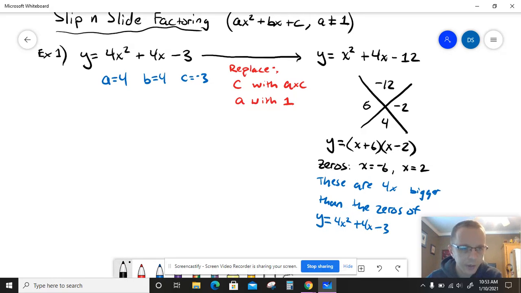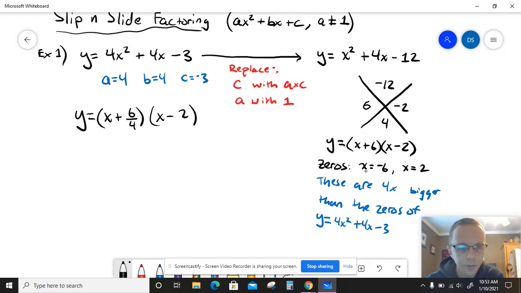All right, so if I wanted to factor my original one, what I do then is I start with these factors, x plus 6 and x minus 2, but I have to divide by 4.